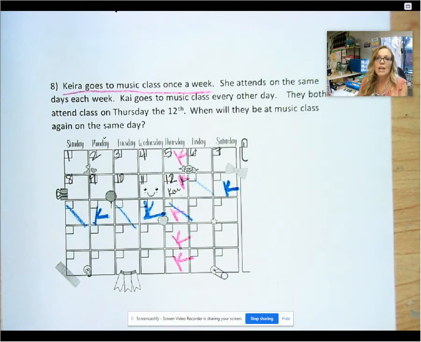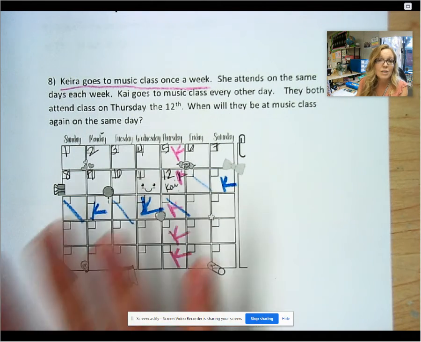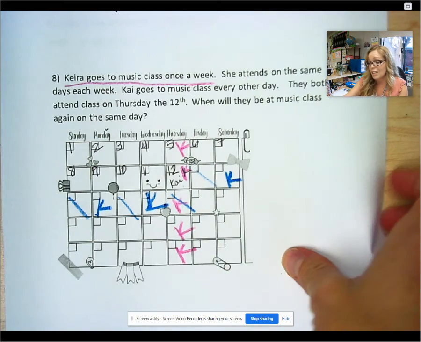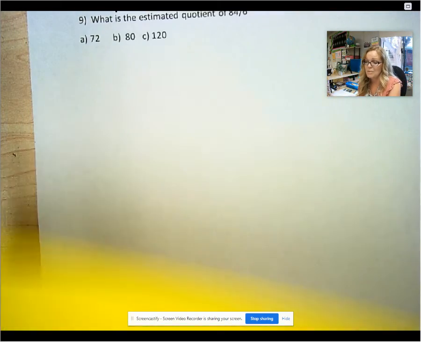So my suggestion would be to use the calendar and try to find the next day when they will be at the class on the same day again. Okay? Your calendar will be all set up for you, and it will be on the test. You might need to write out your own if that makes it easier for you. Doing math on a computer screen is a bit of a challenge.